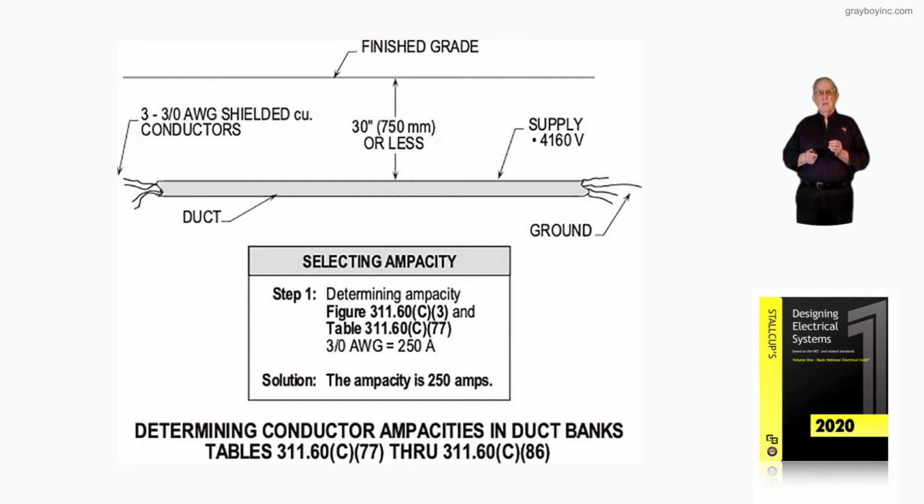Now, in this case we would look at figure 310.60C as in Code 3, and that's a figure, not a table, and looking at table 310.60C77, a 3-conductor under the conditions that you have a burial depth greater than 36 inches, we get a full ampacity of 250 amps.